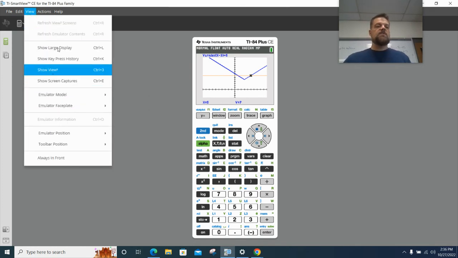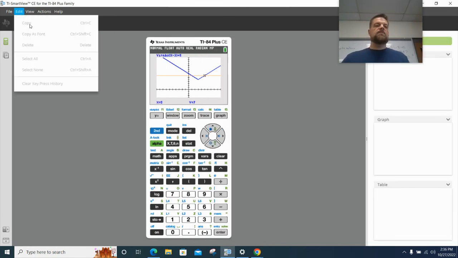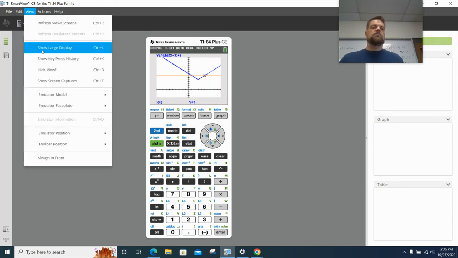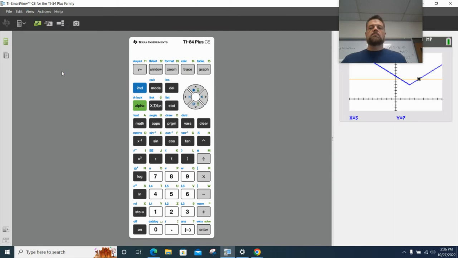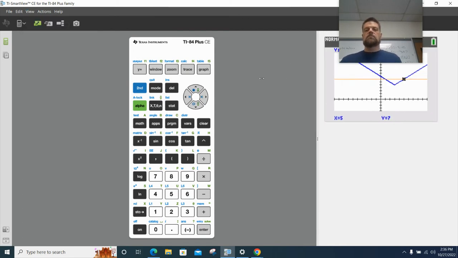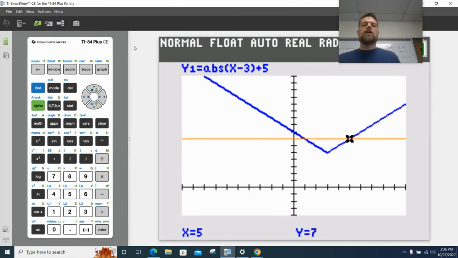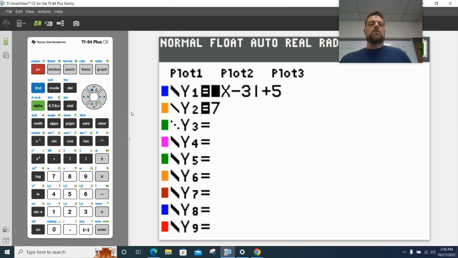All right, let's view the large display here. All right, here we go. Go to y equals. Clear this out. Remember the y equals button is this one right here.